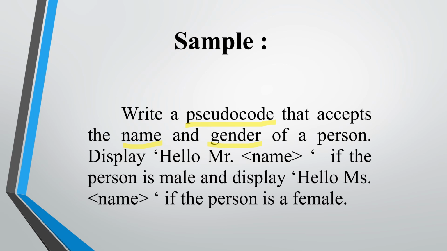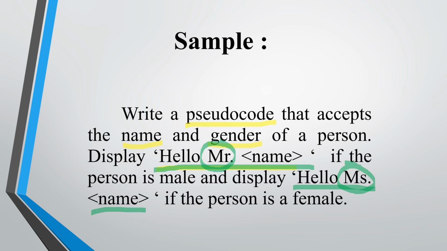The output will be hello, Mr. and then the name, or hello, Miss, and then the name. Well, that depends. So again, our output is the string hello, either Mr. or Miss, followed by their name.